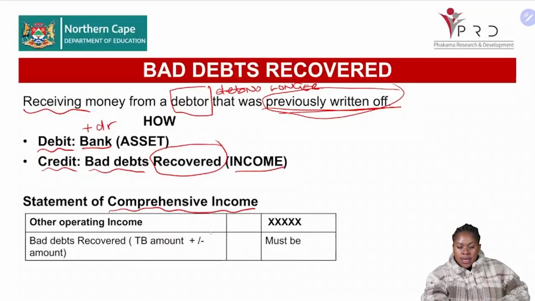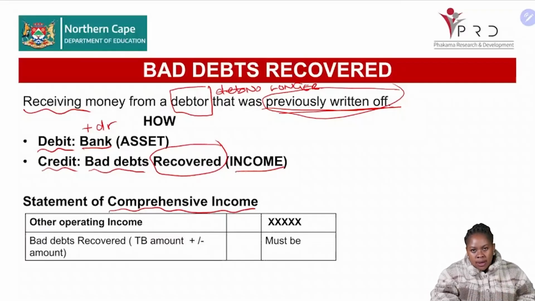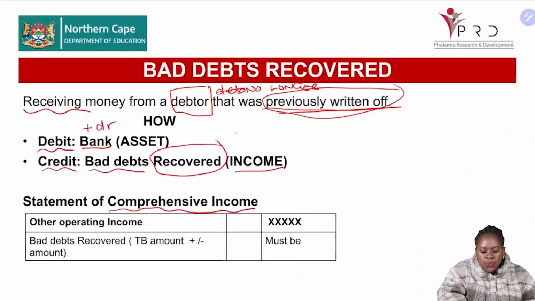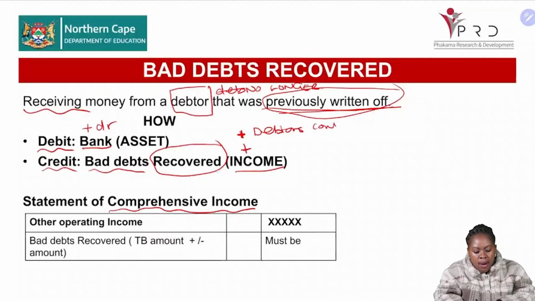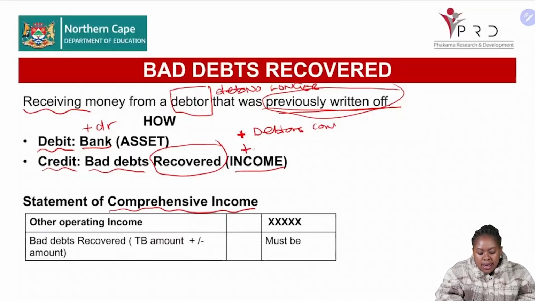We are looking at whether the bookkeeper did the right thing or not. So then we know that it should have been the bad debts recovered account. So what are we going to do? We are going to subtract it from our debtors control because it does not belong there, right? Actually, we need to add it back in our debtors control, and then we also need to add back our bad debts recovered because it's an income.